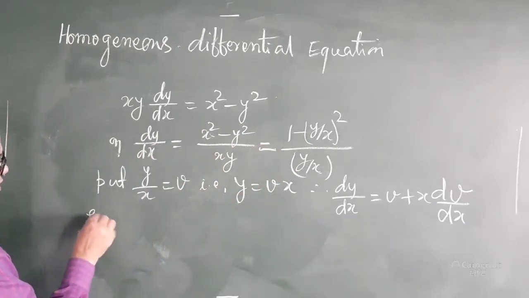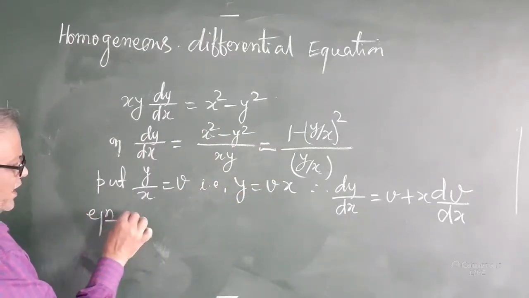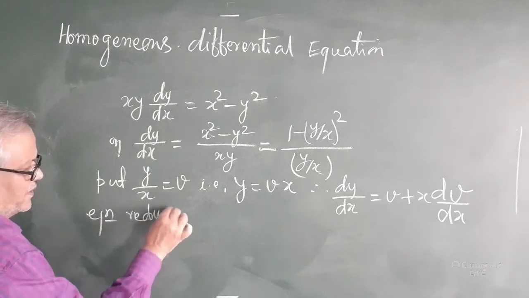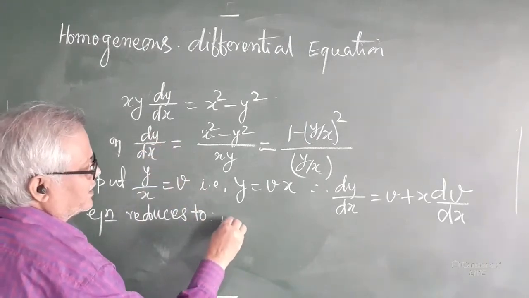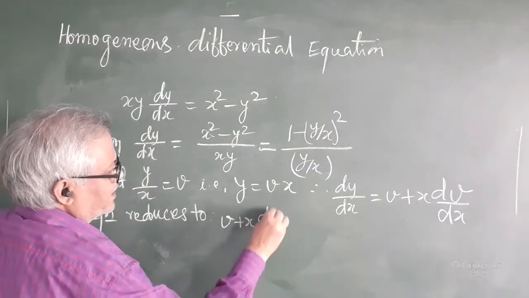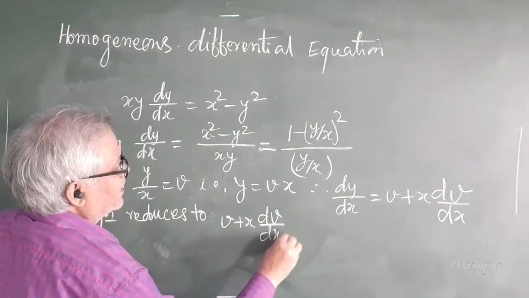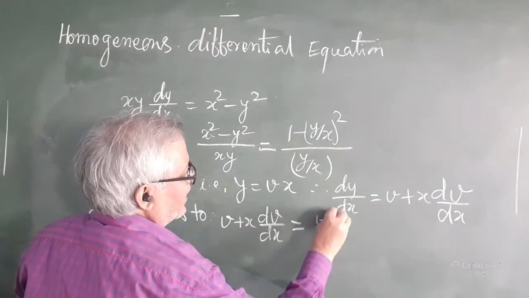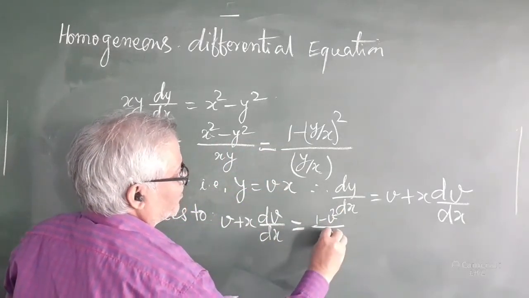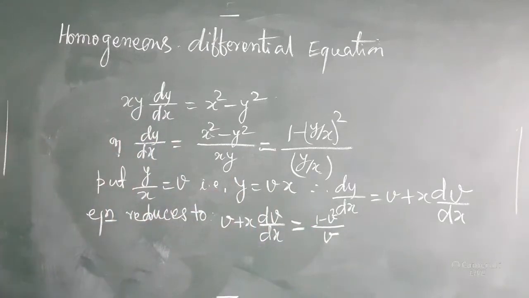The equation reduces to: you see this is dy by dx, that is v plus x dv by dx, and dv by dx is equal to 1 minus v square divided by v.